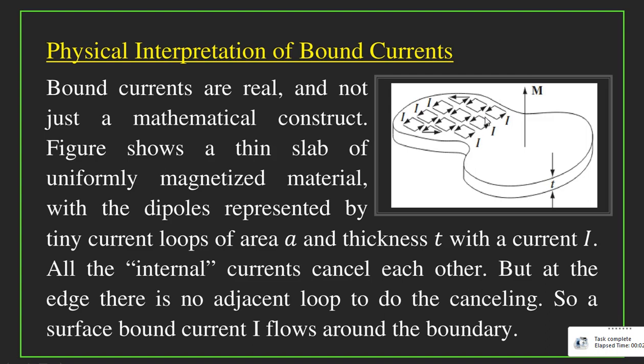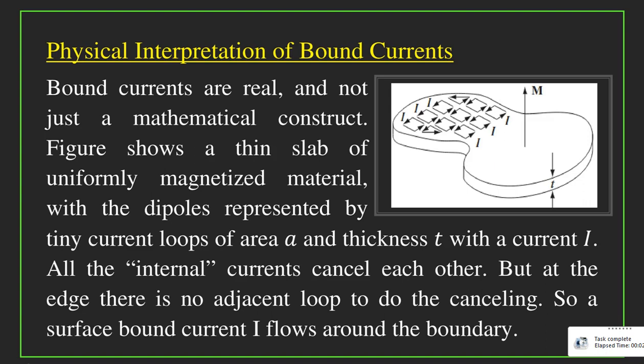Each dipole has an area small a and a thickness, the thickness of the slab, small t, and each dipole is carrying a current I. All the dipoles have the same area and carry the same current, so that the material is uniformly magnetized, or the magnetization capital M is uniform.